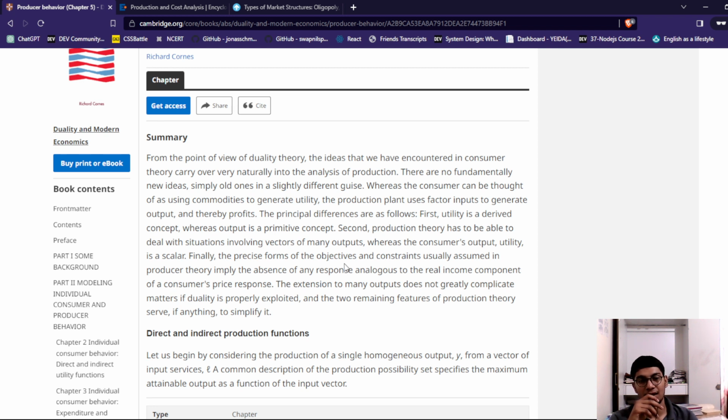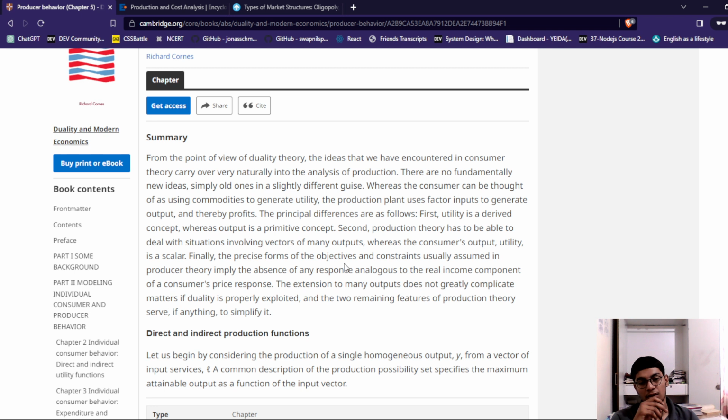First, utility is derived from consumption, whereas output is a primitive concept. Second, production theory has been able to deal with situations involving many outputs, whereas the consumer outputs utility in a scalar. Finally, the precise form of objective and constraint usually assumed in producer theory implies the absence of any response analogous to the real income component of a consumer price response.